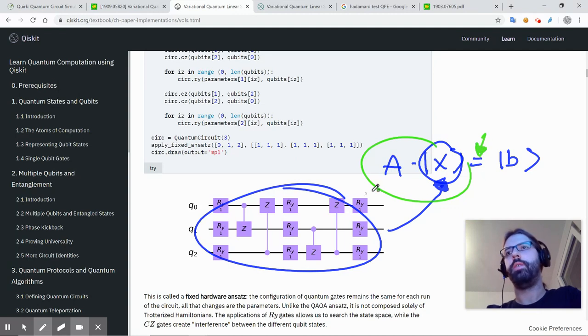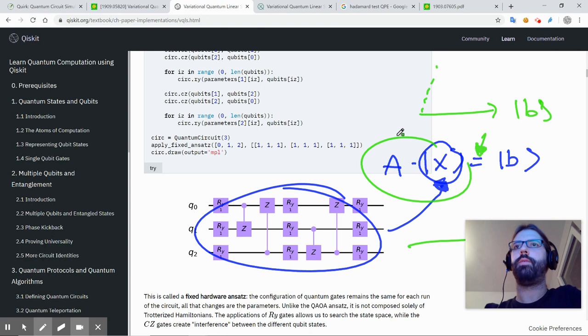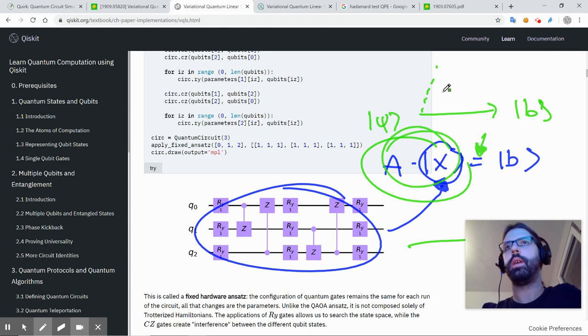Because the idea is, if you think of these two terms as vectors, this is b, and if we call this whole thing phi, whatever it is, the similarity between these and b can be determined by the projection, by how closely they align if you project those vectors.